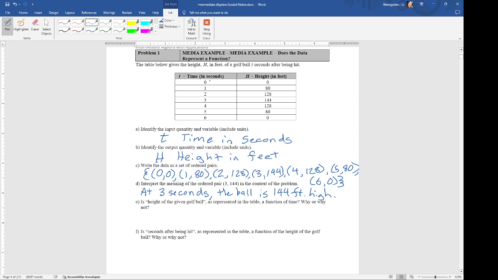There are no times that go to 2 different heights. So yes, each time input corresponds to only one height output.